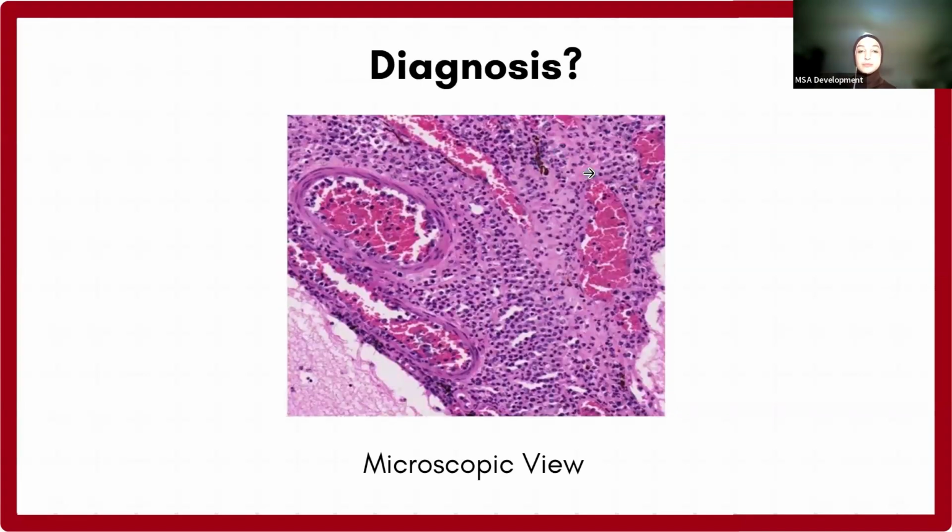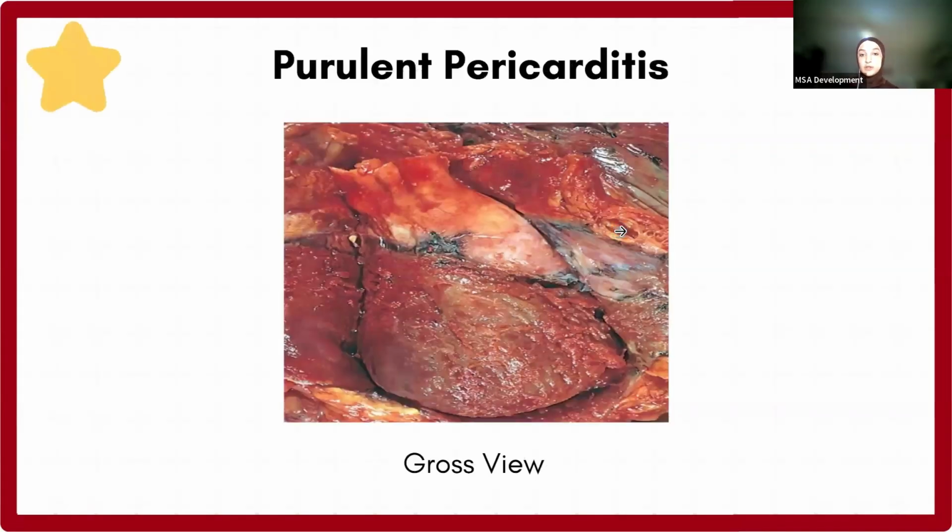Now, we have another type of pericarditis. The main thing that we need to use as an identification point in this histology is the abundance of WBCs. So what do you have? Neutrophils and dilated vessels. So this is purulent pericarditis.